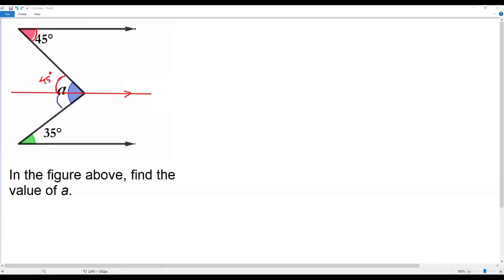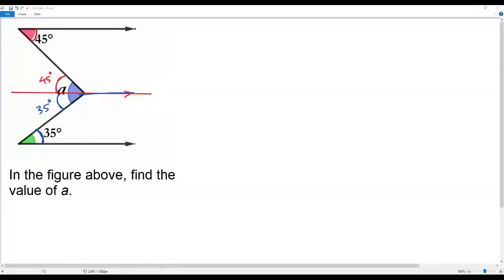So the angle measure over here and the angle measure over here are alternate interior angles, and they must be equal in measure. Already we know the measure of the angle over here, that is 35 degrees. Then what must be the angle measure over here? This one also must be 35 degrees, because these two angles are alternate interior angles when two parallel lines are intersected by the transversal.